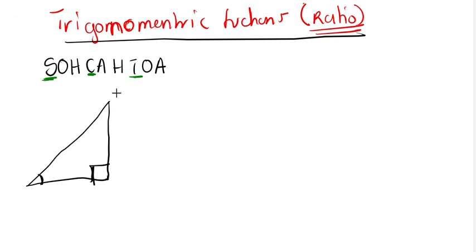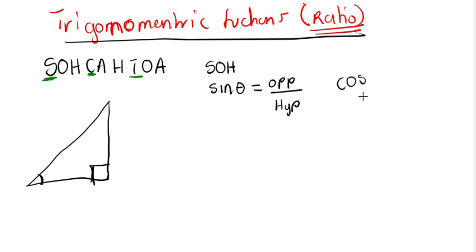Okay, so when you look at that, you have SOH. Let me start with it. SOH, right? So this is sine, so it means sine theta is equal to opposite over hypotenuse, right? Then you have also cos.